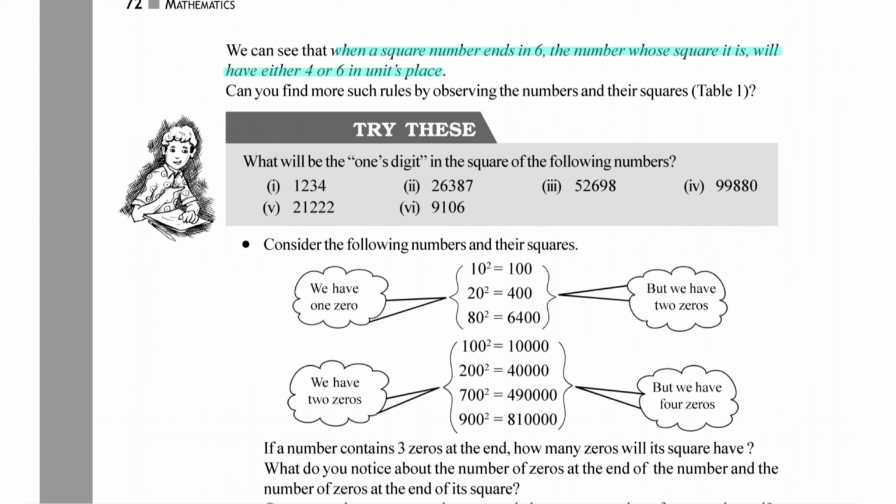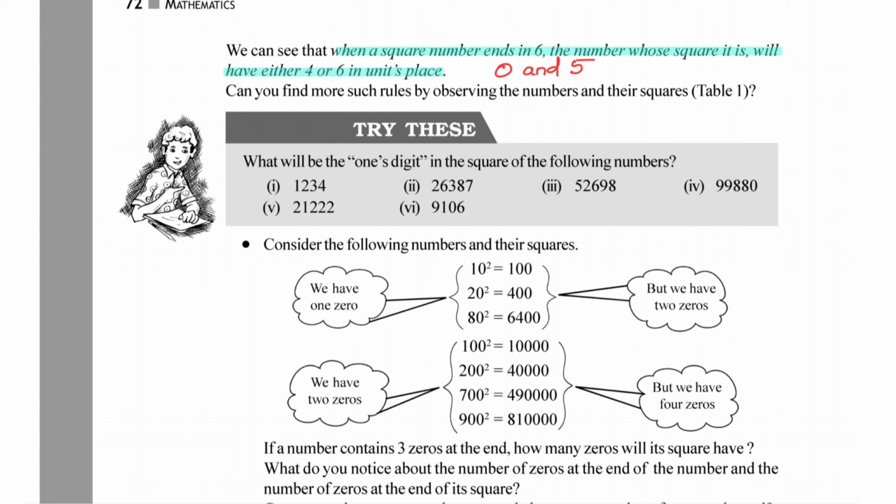Similarly, what else you can make out from the table is about numbers ending with 0 and 5. If you have 0 at the units digit, the square also has 0 in the units place, and if you have 5 at the units digit, the square has 5 in the units place.